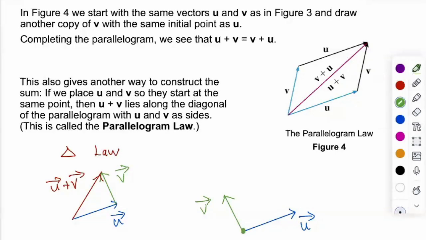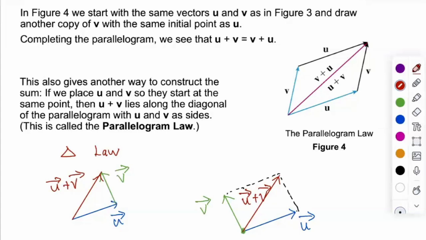Now we get a parallelogram right here. Then the diagonal here is u plus v. Do you think these two are the same? Are they equivalent, this u plus v and this u plus v?